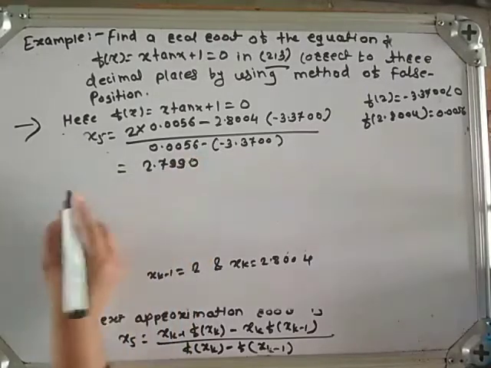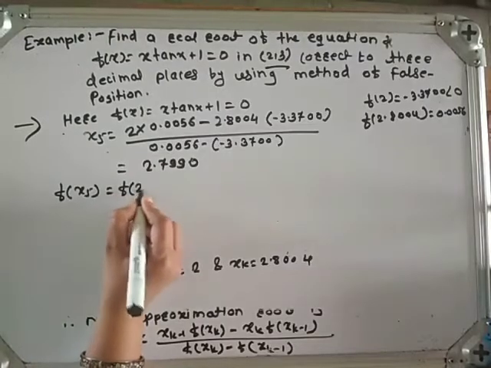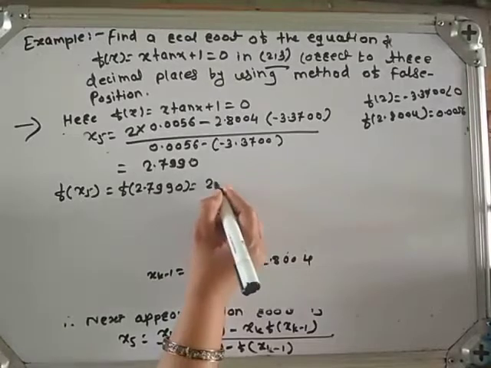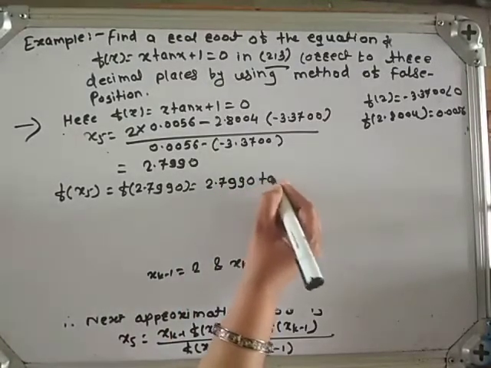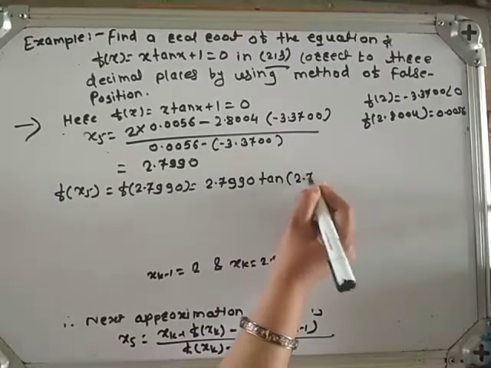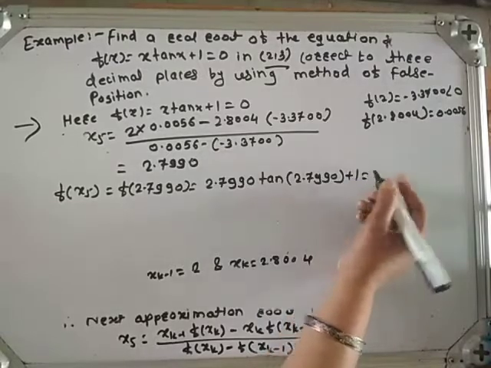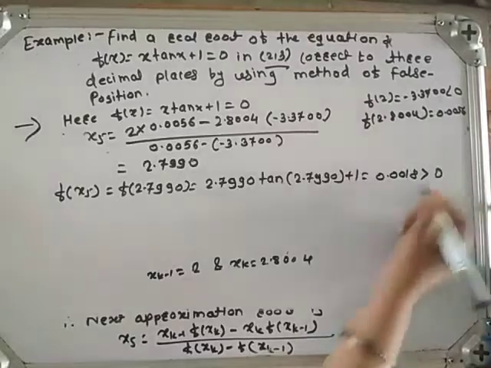Now calculate f of x5, that is f of 2.7990, which is equal to 2.7990 tan of 2.7990 plus 1, which is equal to 0.0018, which is positive.